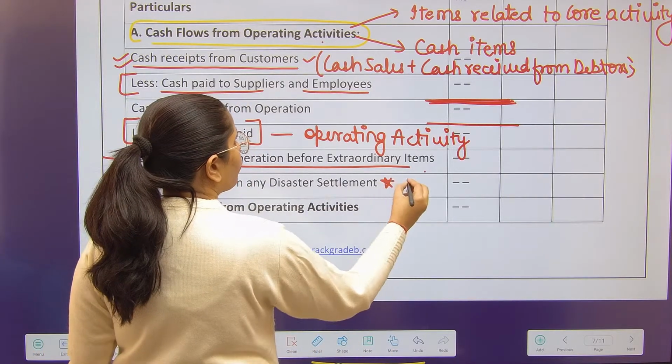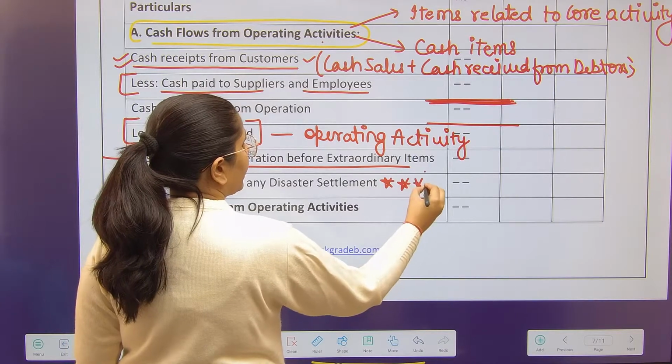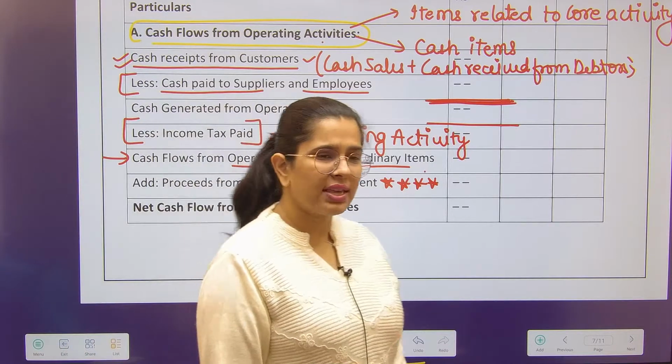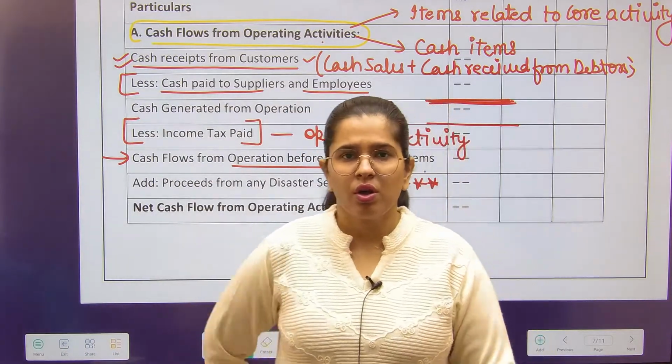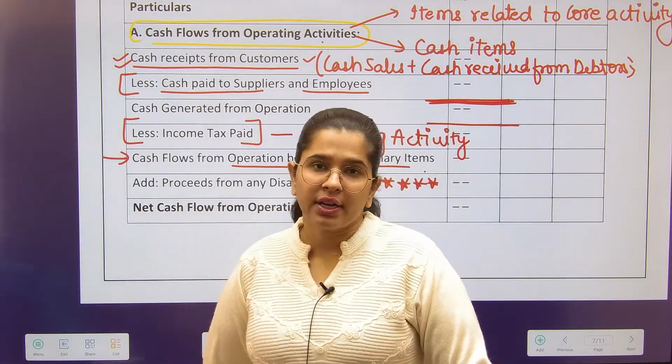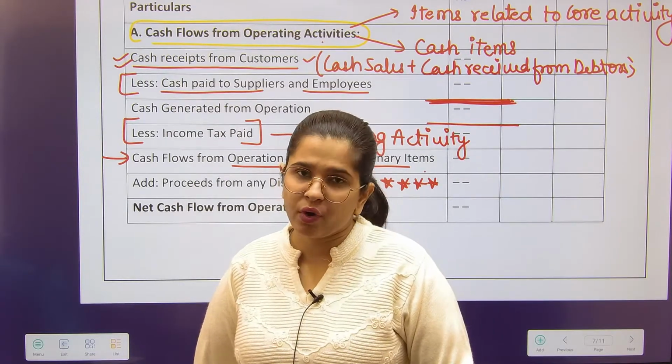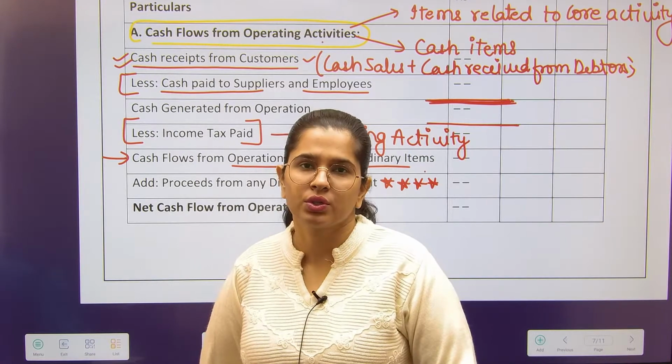Now in any business, there can be a year in which you receive some cash flows which are not regular in nature. Suppose your factory was on the Chennai coast, right?